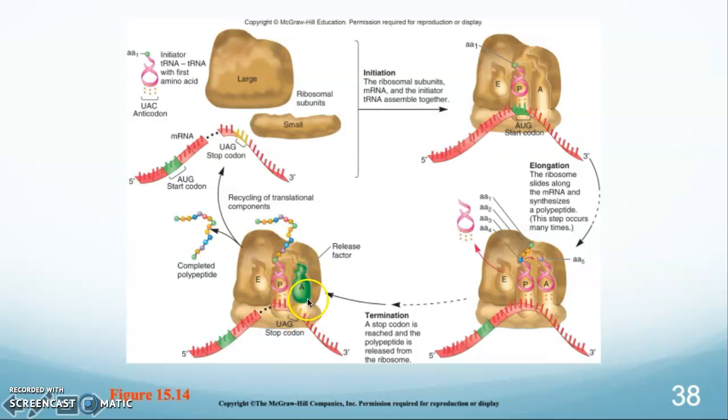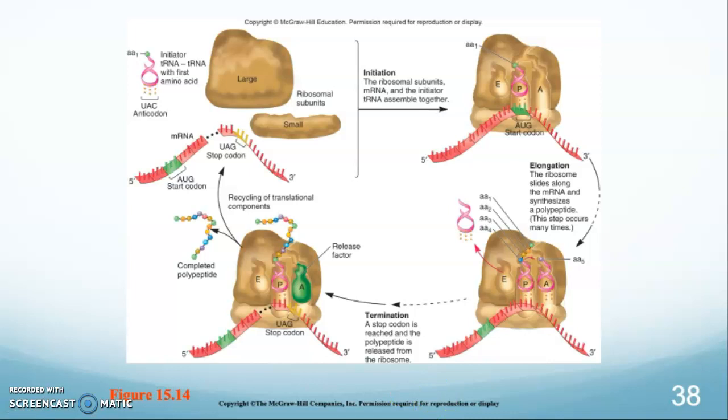It mimics a tRNA, but because it has no amino acid, it basically tells the ribosome this is time for the process to end. That means that the polypeptide here will be released, the mRNA will be released, and the ribosome will be broken apart or basically dissociated and ready to go again.